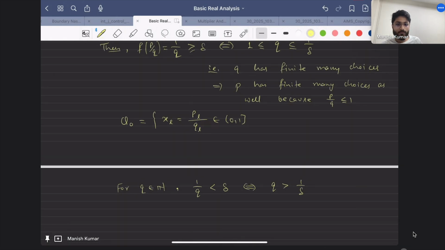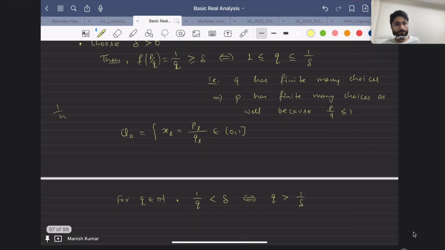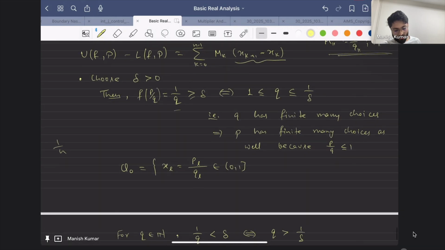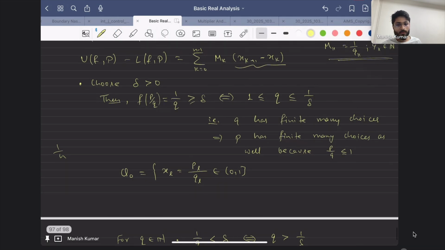Sir, if we consider the sequence 1 by n, then it always converges to 0. From there we can also say the same thing, sir. I think this is the Archimedean property, sir.